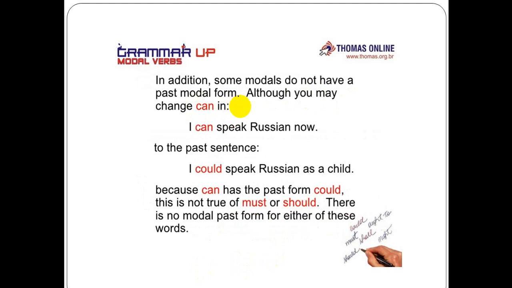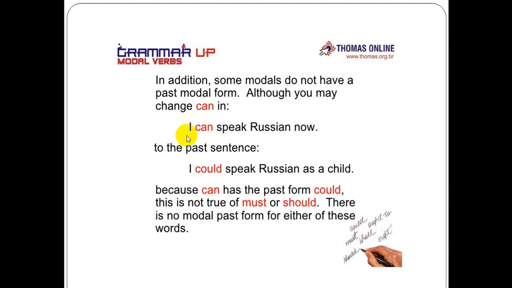Although you may change can, for example, I can speak, some modals we can't give the past form of.